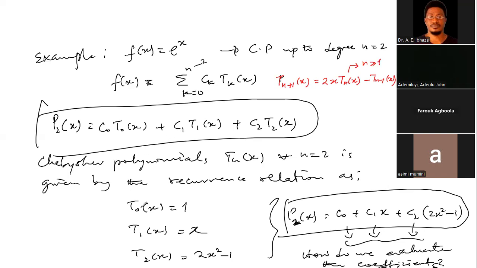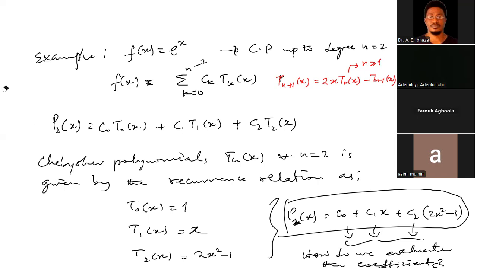So it does not include n equal to 0. So we already know at 0, it is the same as 1. So we already have T2. So how do we evaluate T3?